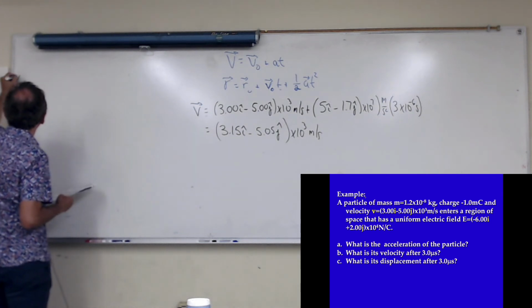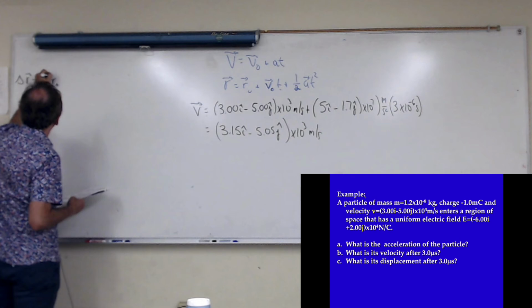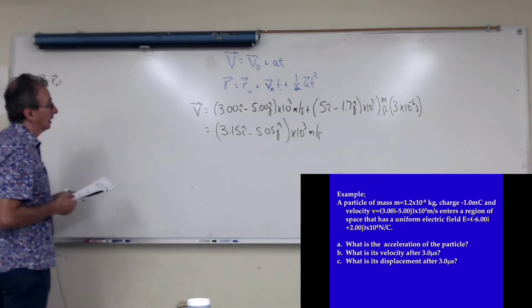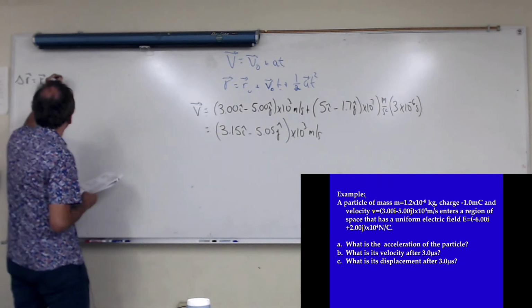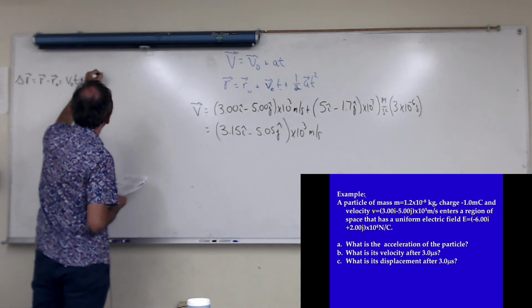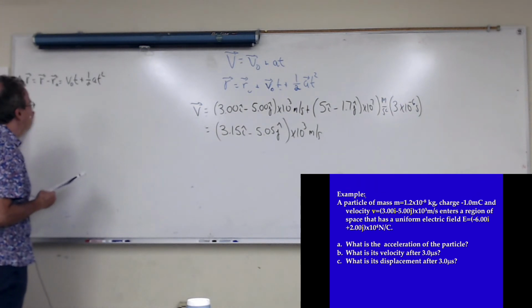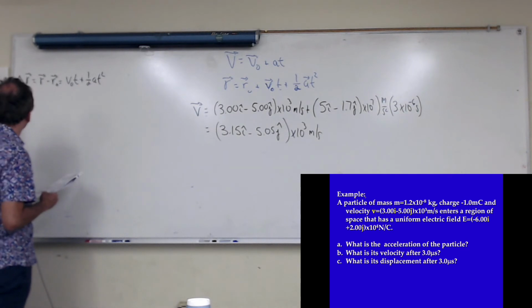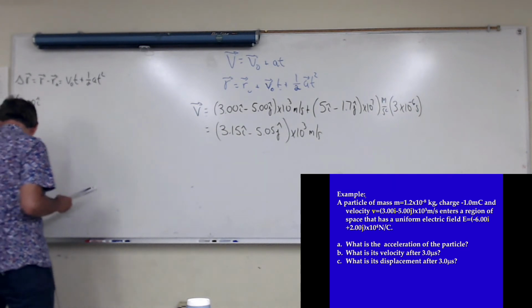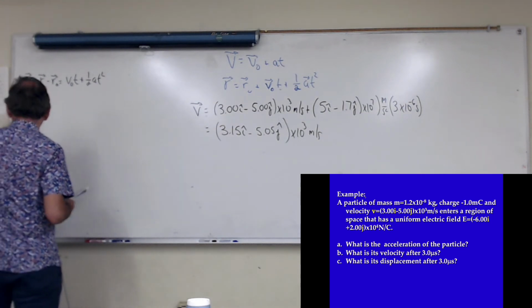So delta R is R minus R naught, and v naught t plus 1/2 at squared. All right, so hopefully I have enough space here. V naught, you know what, I'm not going to put the dot at 0.00 because I know I'm going to run out of space.